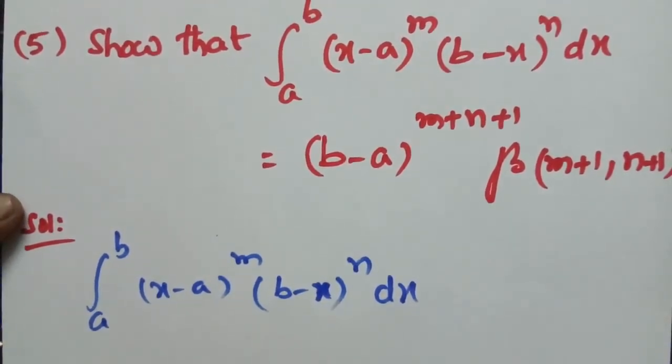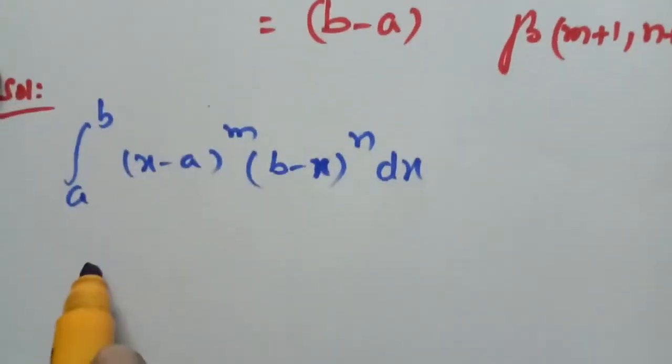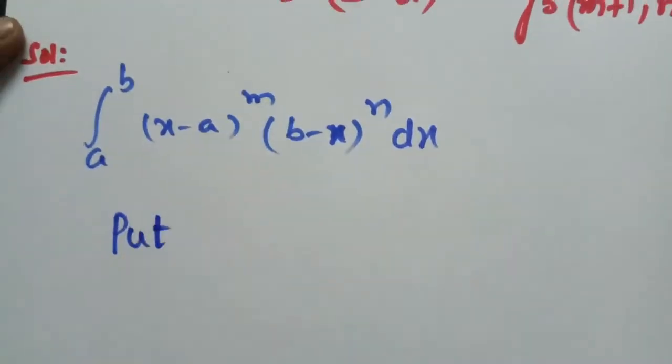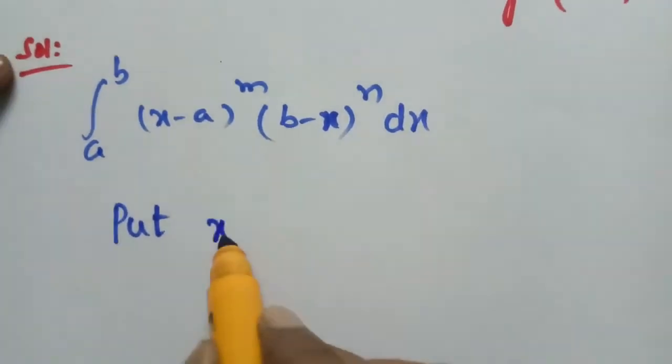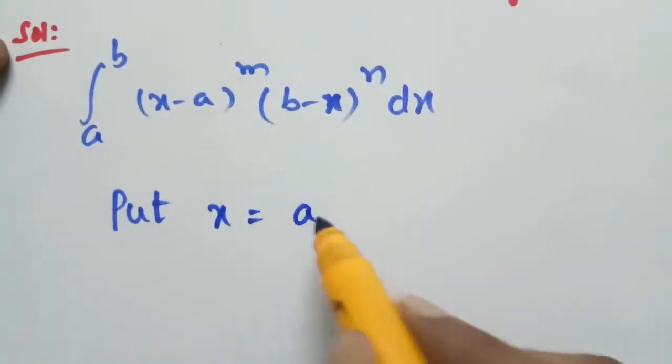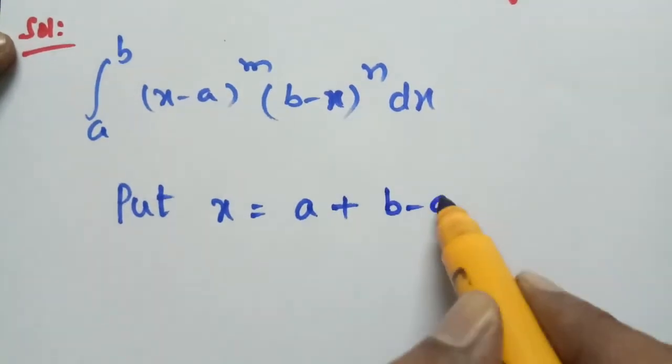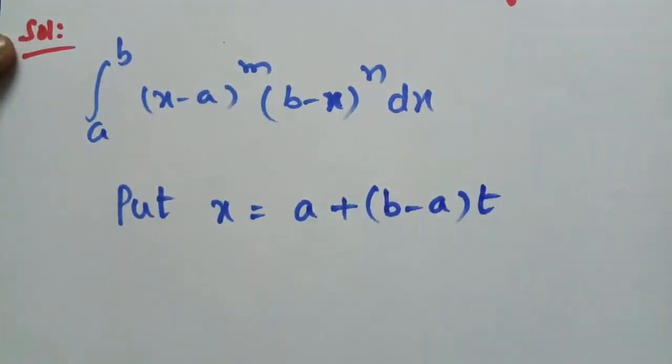To get beta of (m plus 1, m plus 1), here integration by substitution, put x is equal to a plus (b minus a) into t.